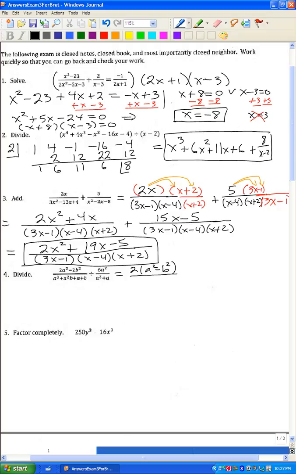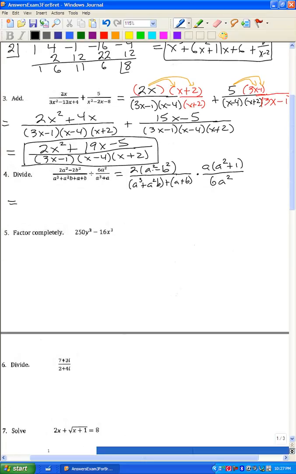And so I get a cubed plus a squared b plus a plus b times the reciprocal. And so the reciprocal is a cubed plus a. I can factor out an a over 6a squared.